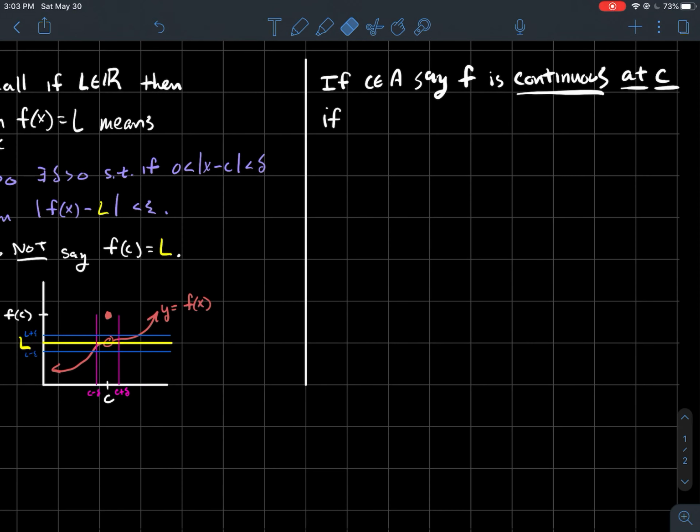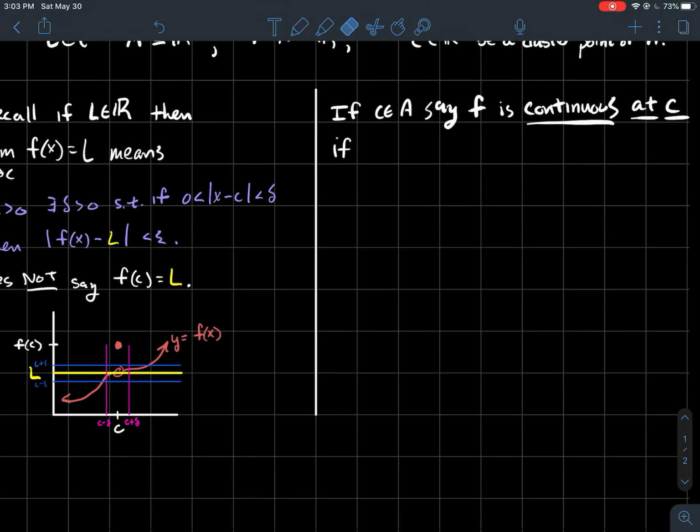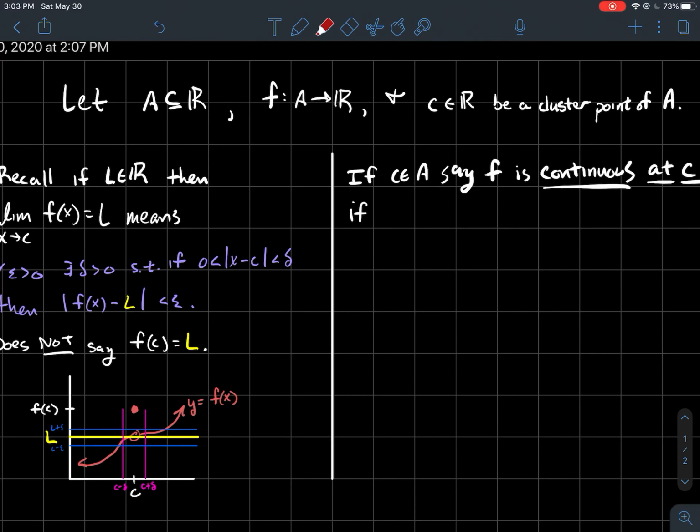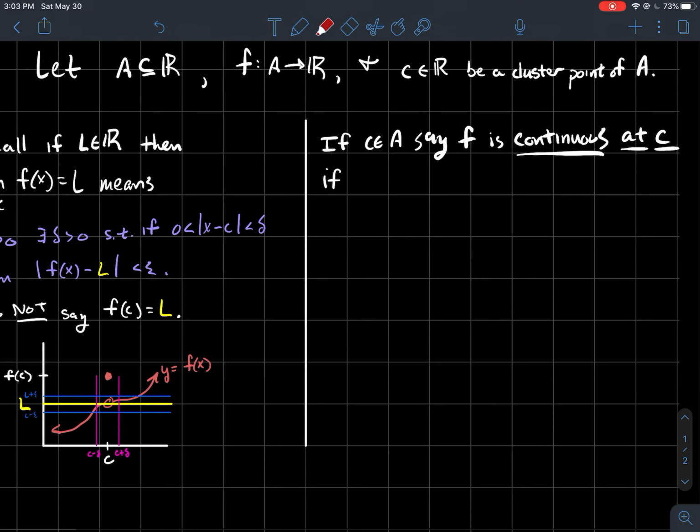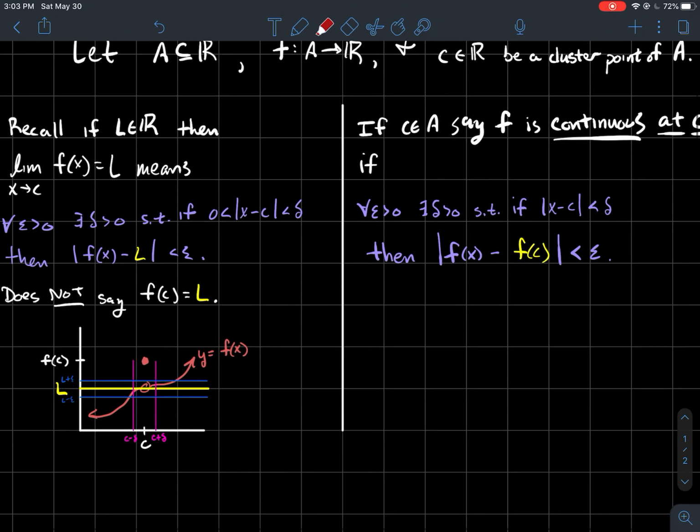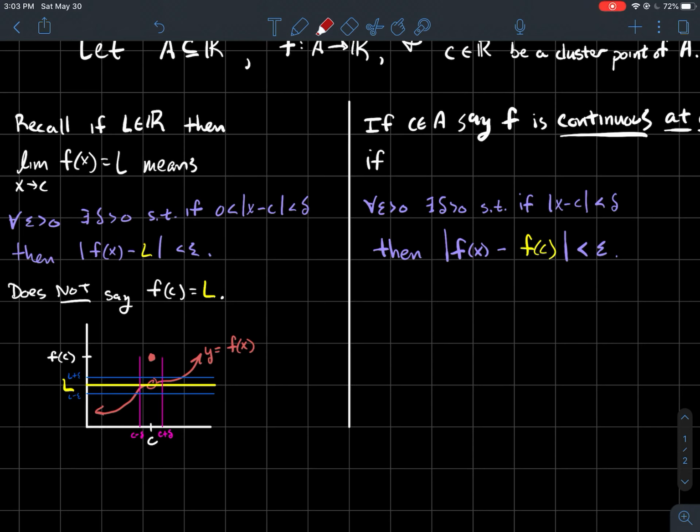All right, so if c is actually an element of A, in other words, now it makes sense to plug c into my function. Maybe it didn't before. We could still talk about limits when your function wasn't defined at a particular point. But now if it does make sense to plug c into our function, we'll say that f is continuous at c if the following happens. I made these two things the same color, and what I hope you notice is it looks exactly like the limit definition to the left.